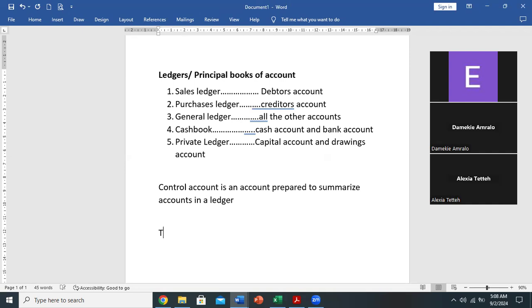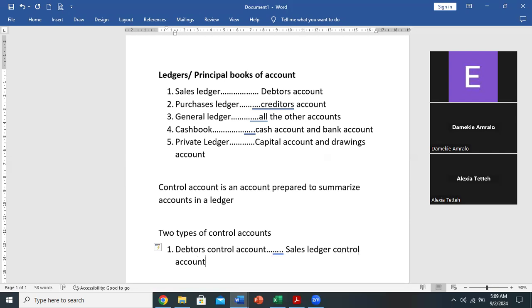Now, the two types of control accounts are the debtors control account. This account is going to summarize the debtors of a business. Now, in reading the notes, you realize that it is also sometimes referred to as the sales ledger control account, simply because the sales ledger keeps debtors accounts, right?